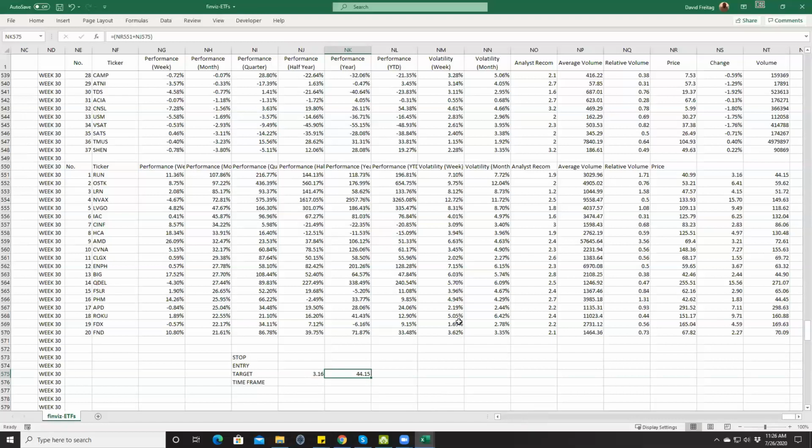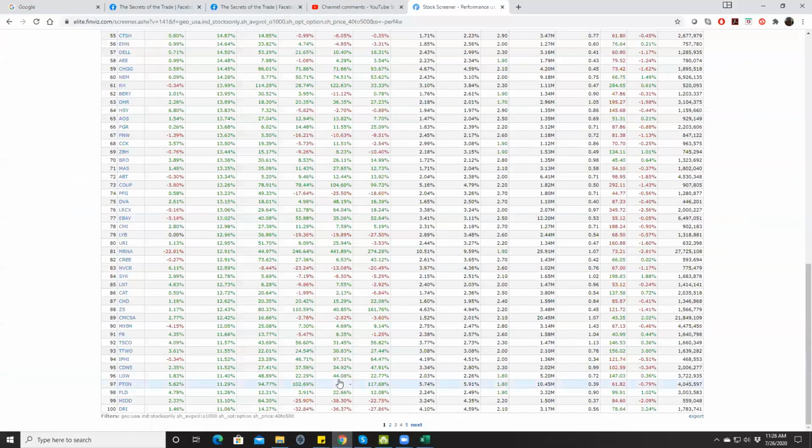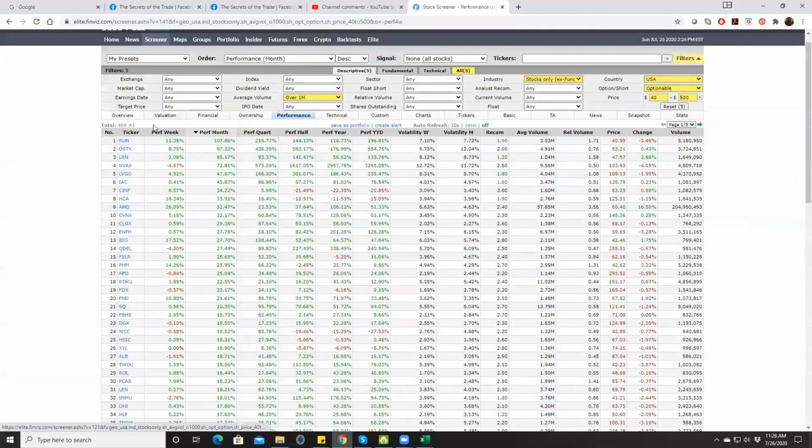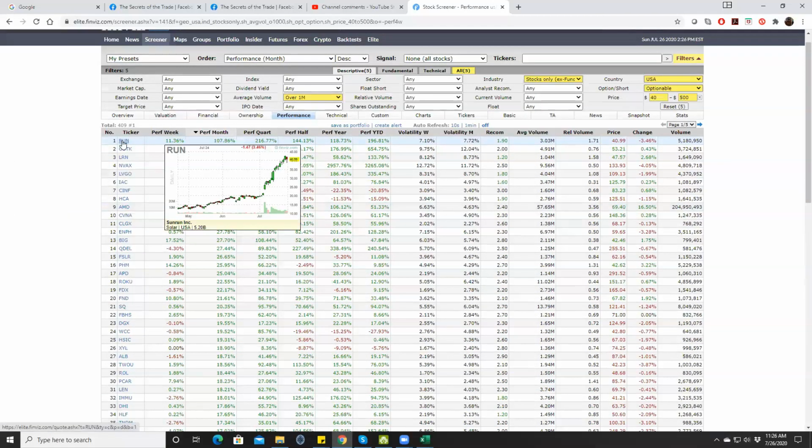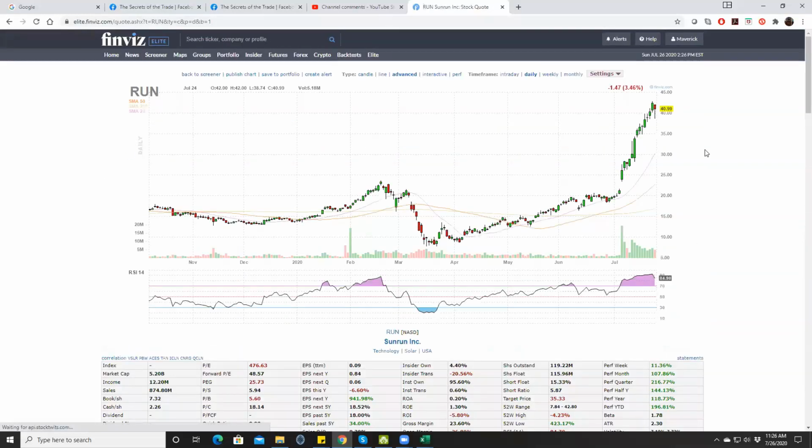Now, what's my stop? Well, let's take a look back at RUN. Looks like RUN has been just surging. So if there is no support or resistance to look for, maybe I would go to the bottom of that last candle. So let's open this up. And this would be my stop.